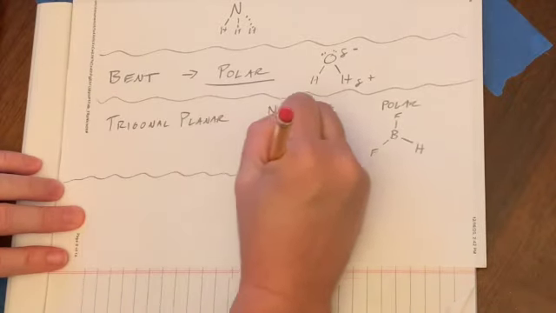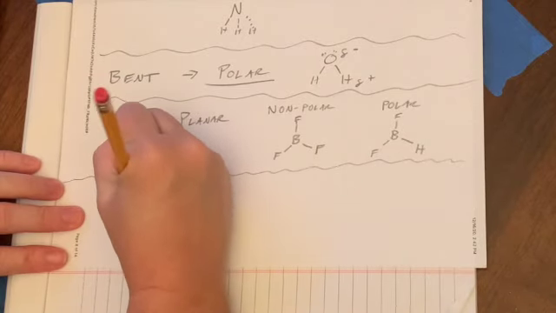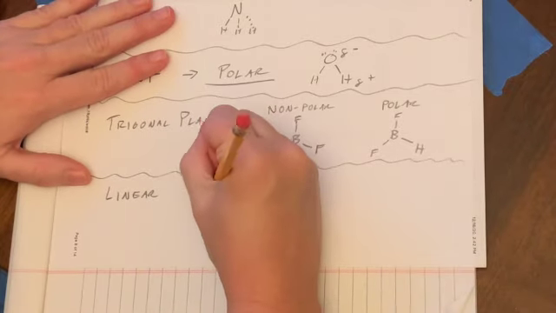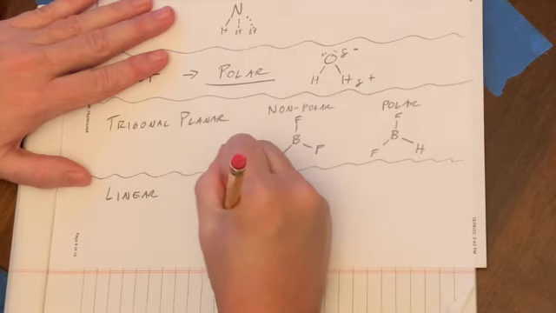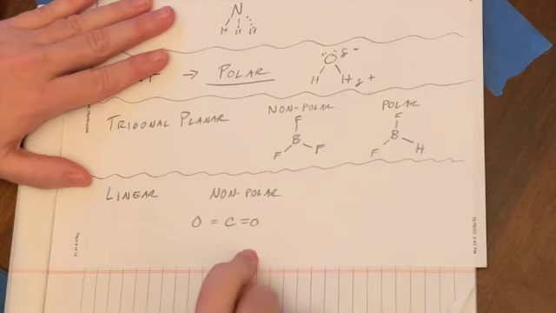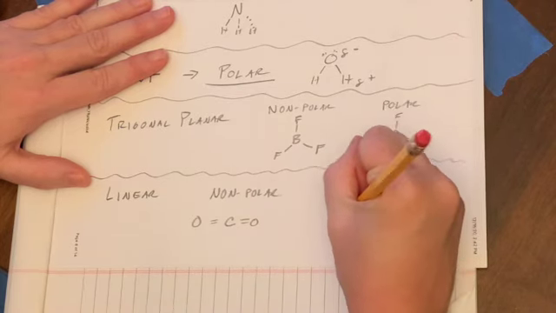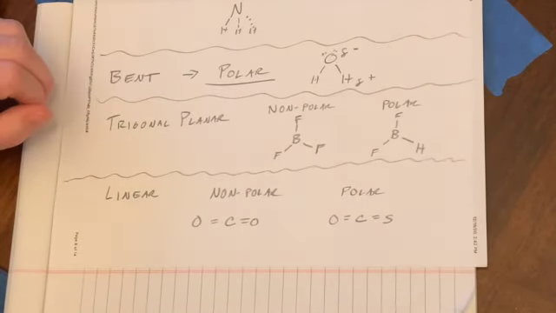Our last shape is linear. And again, it falls into that same situation, where you have nonpolar linear. So you've got something like carbon dioxide being pulled evenly on both sides, whereas a polar situation is if you switch one of those out and let's say you put a sulfur there.